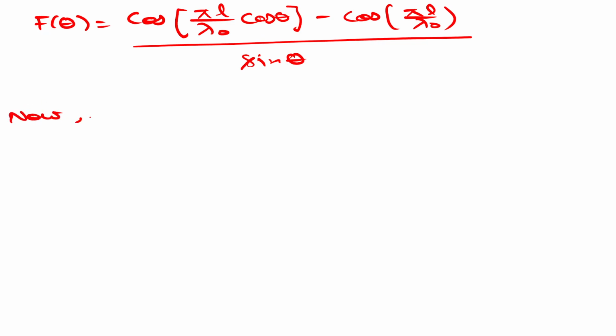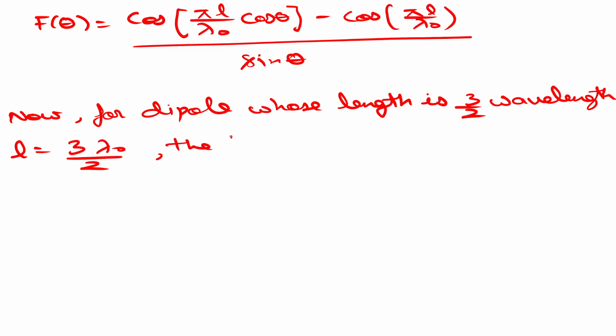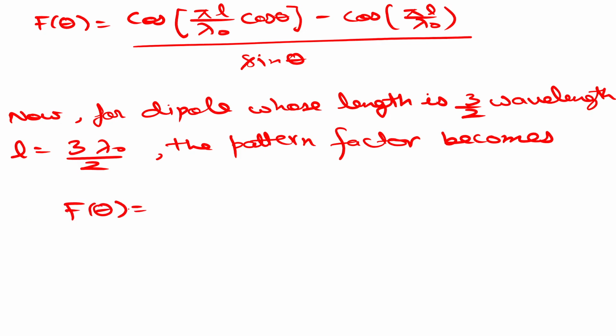Now for a dipole whose length is 3 by 2 wavelength, that is L is 3 lambda naught by 2, the pattern factor becomes f theta equals, so I'm just substituting this L with 3 lambda naught by 2.